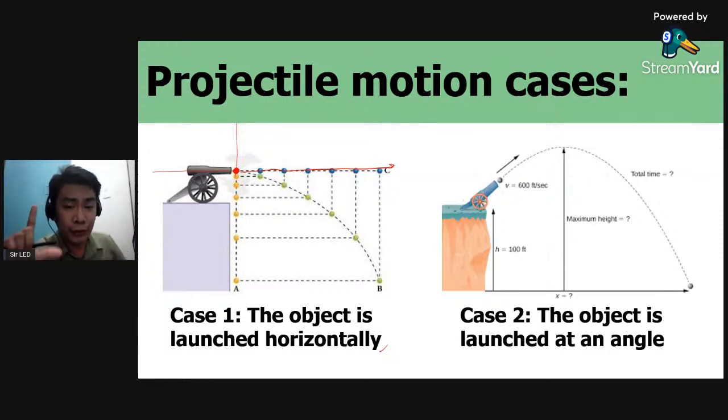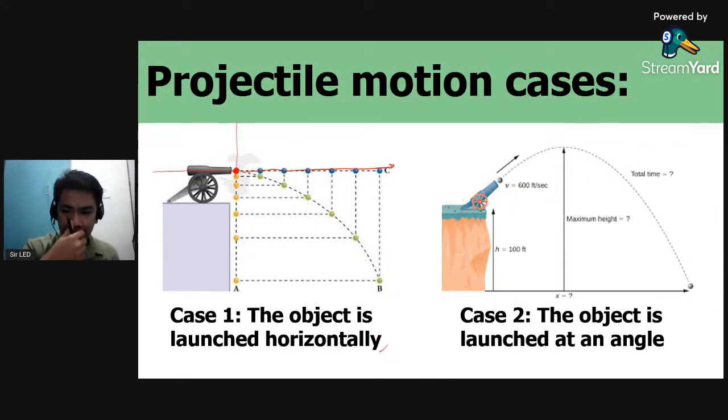We have to identify the angle because it's very much needed to resolve the x and y components. If you still remember your vectors class, we need the angle to resolve the x and y components, just like in projectile motion. So when the object is launched horizontally, we consider that as case number one.